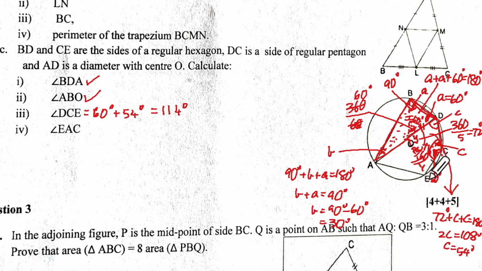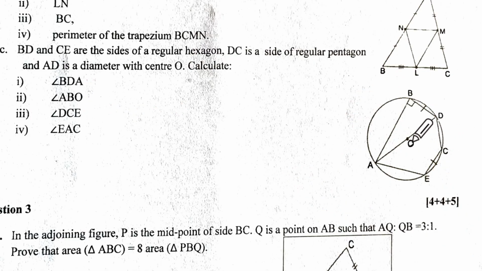EAC. Where is EAC? EAC is this angle over here. So I will just clear this. They are asking for this. This is your D. Now tell me, this one came out to be 60, no?